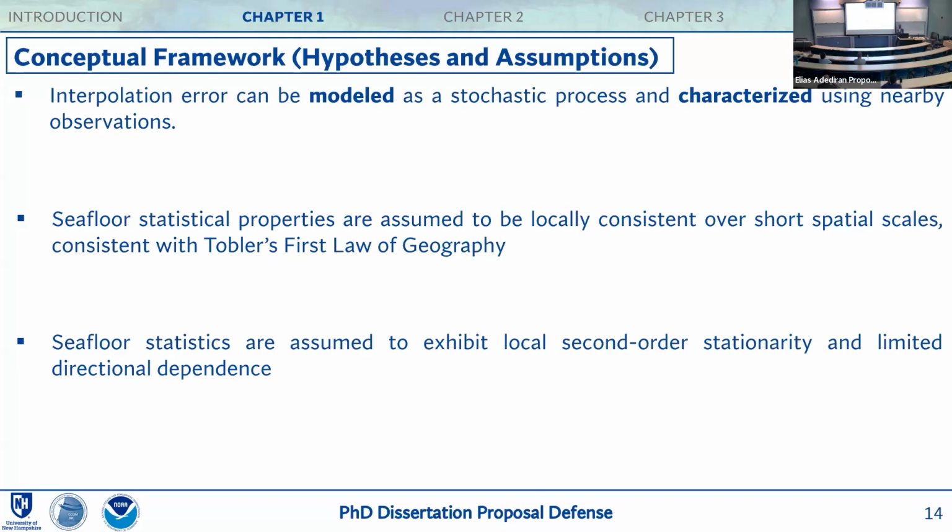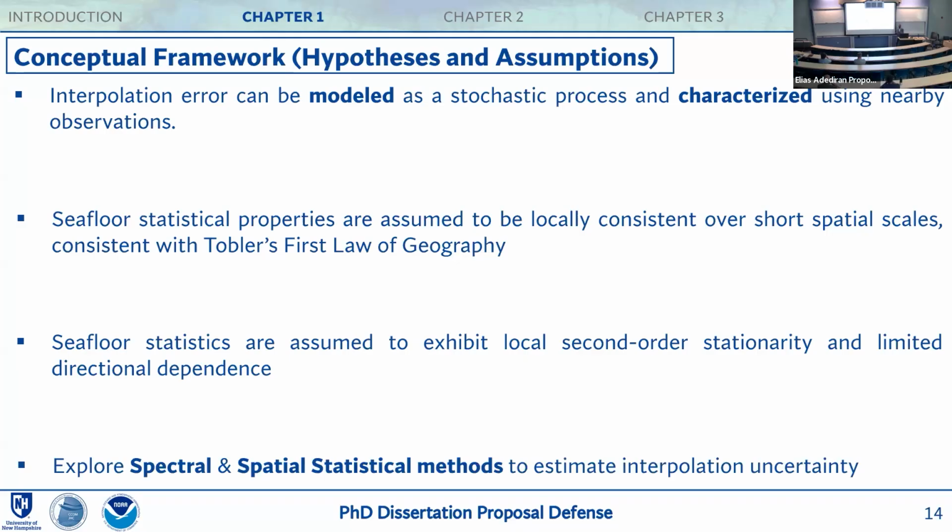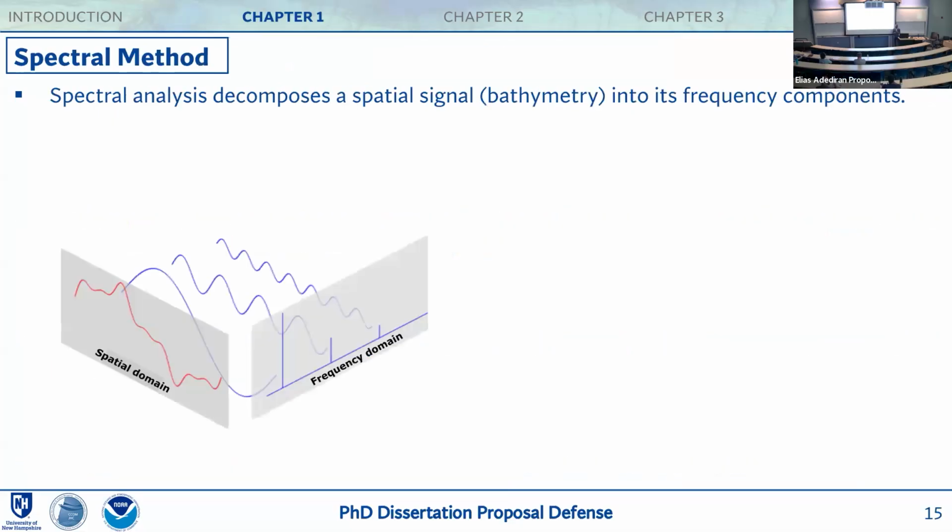And also, we are assuming that seafloor statistics exhibit local second-order stationarity and limited directional dependence over short spatial scales. So if we combine all of these assumptions and hypotheses together, we are investigating spectral and spatial statistical methods to estimate interpolation uncertainty.